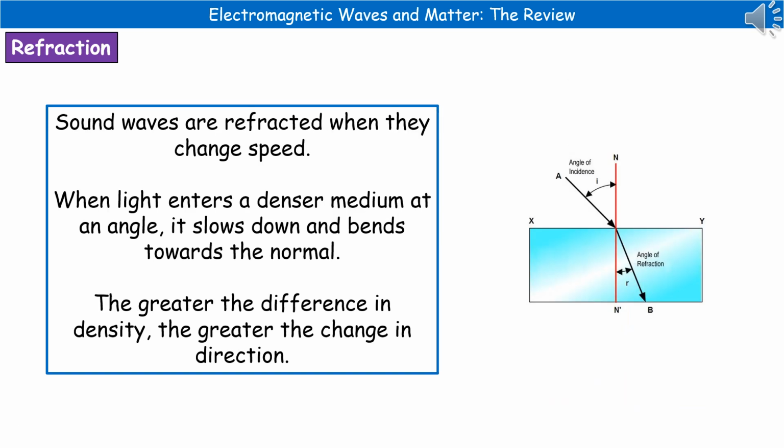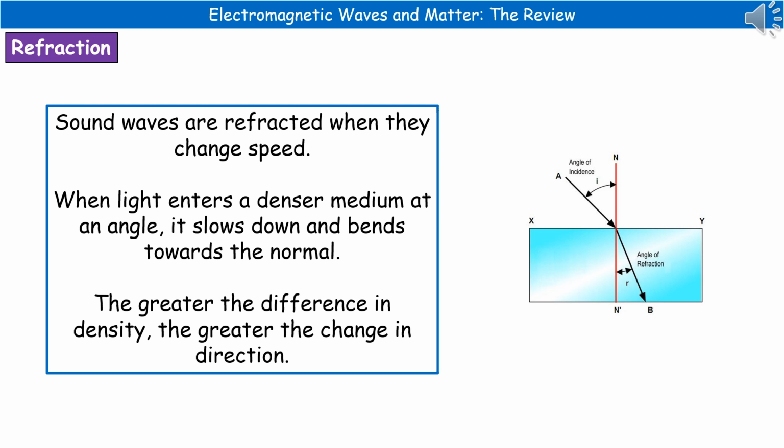As we've seen previously in this topic, when sound waves change speed, they're refracted, so they change their direction slightly. What we now need to look at is what happens with light. If we have light that's entering a denser medium at an angle, as you can see in the diagram on the right there, then it's going to slow down and bend towards the normal line.